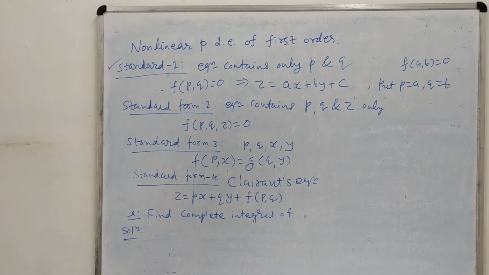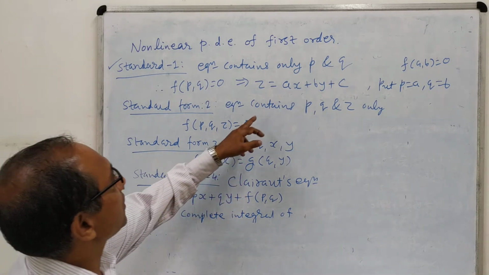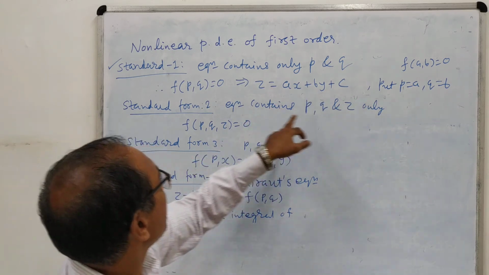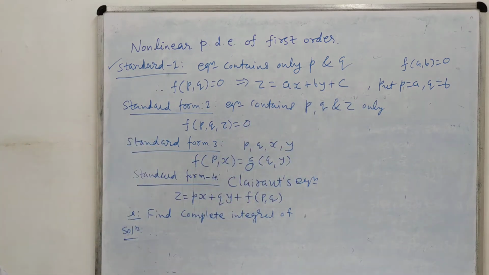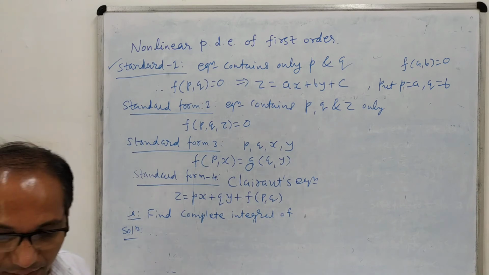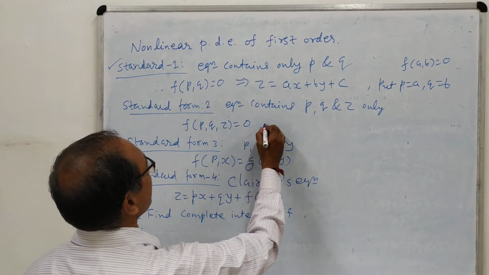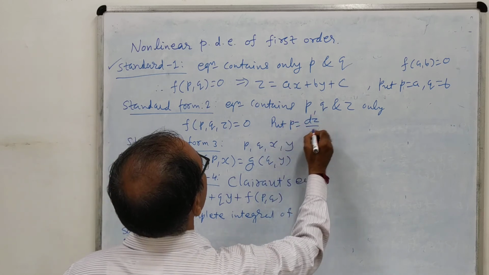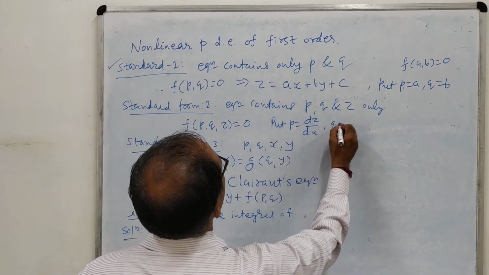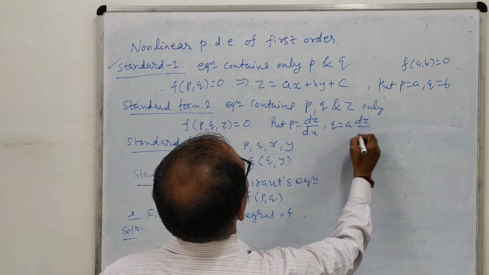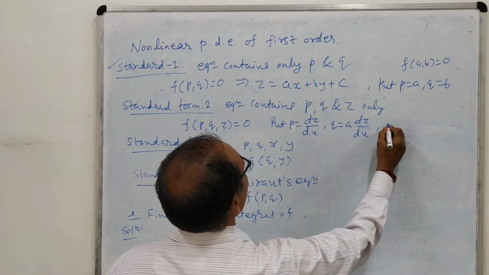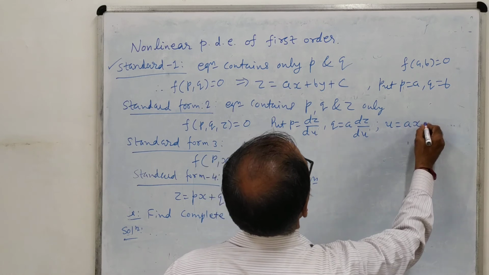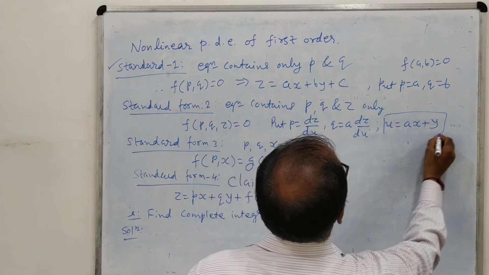So here we will have to substitute p equal to dz by du and q equal to a into dz by du, where u equal to ax plus y.